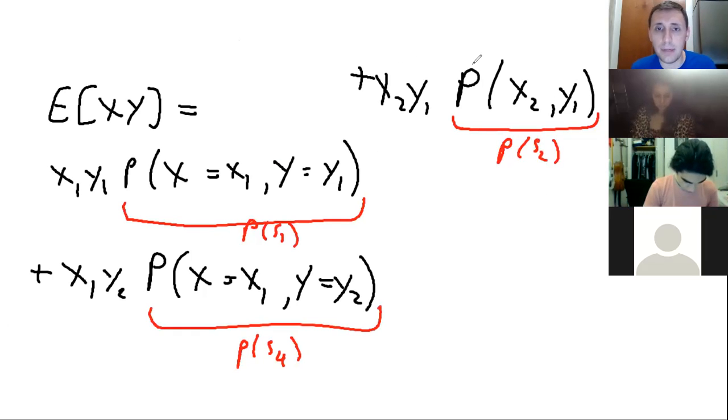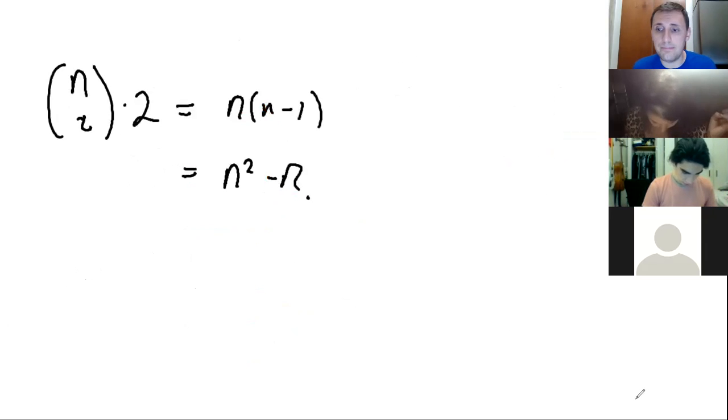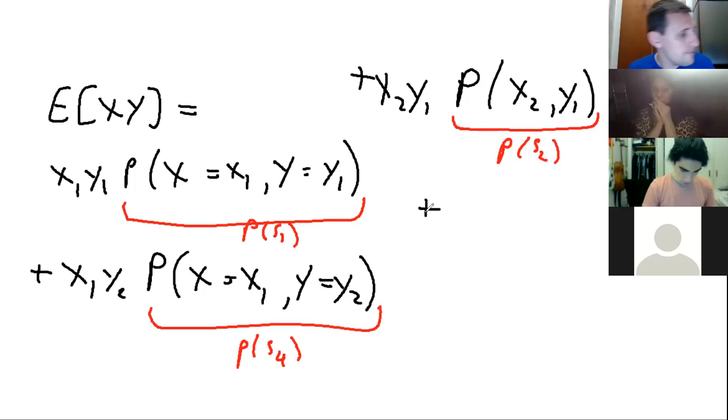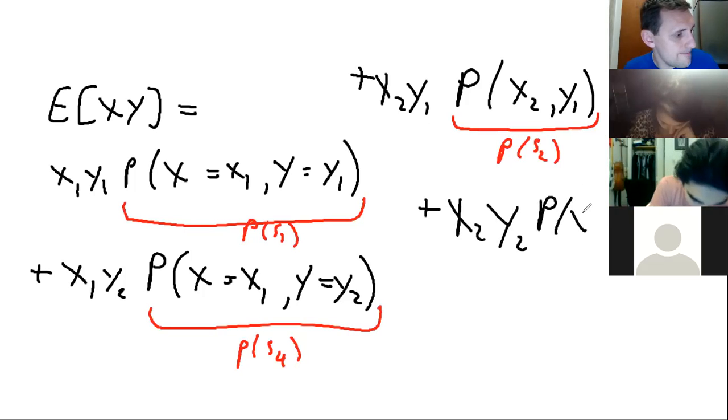And then we have x2, y2. Note that x2, y2 doesn't exist, so plus x2, y2, and that would end up being 0.